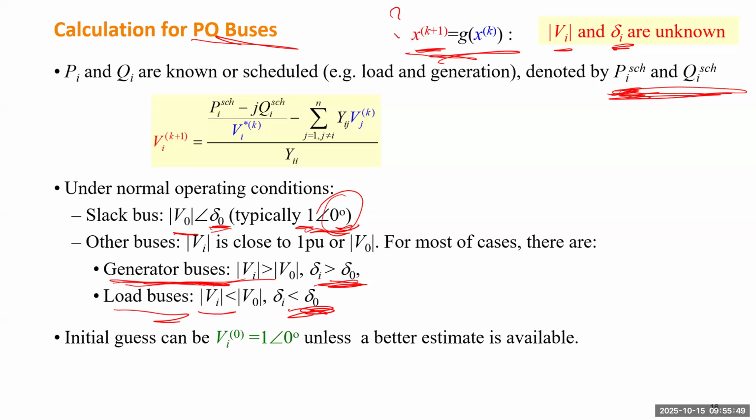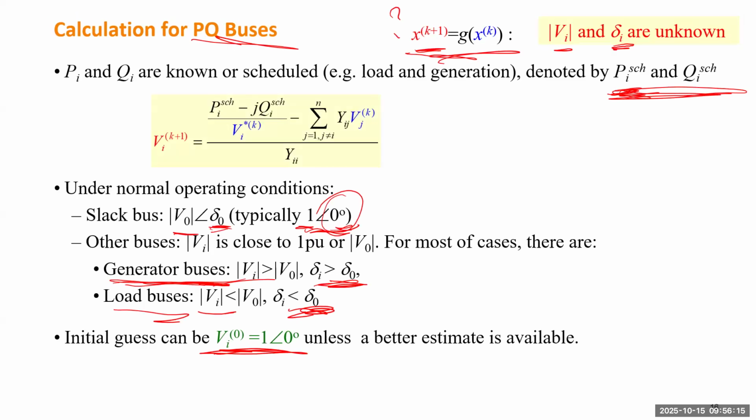That's up to you. But if you don't want to utilize that assumption, you can simply let the initial phasor for each PQ bus be 1, same as the slack bus, unless you have strong reason to make a better estimate.